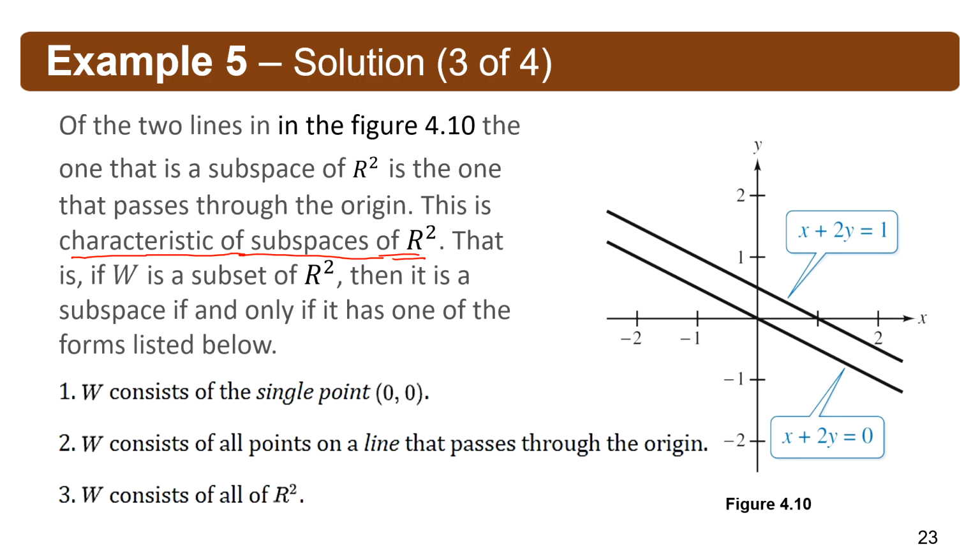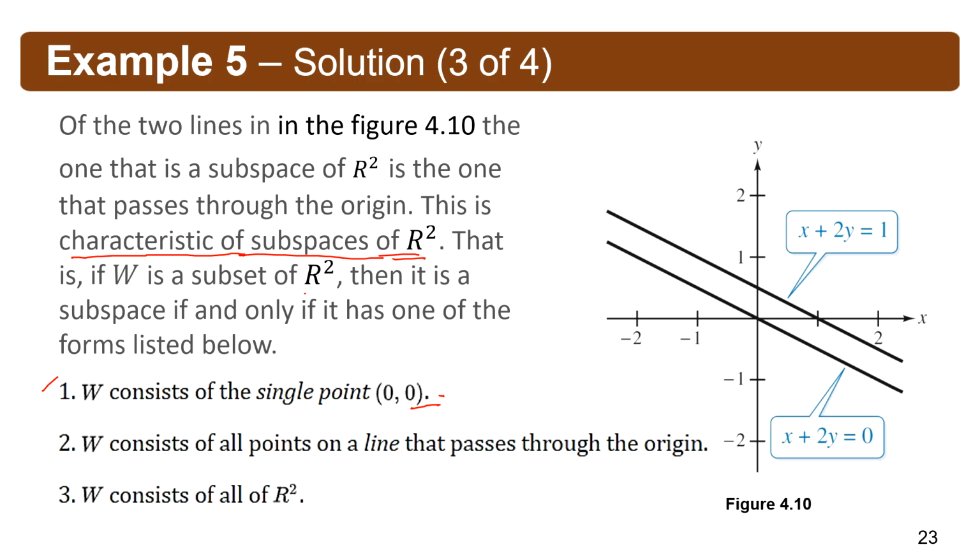Objective type. If W is a subset of R squared, then it is a subspace if and only if it has one of the forms listed below. We consider this as just a summary of how we say that it is a subspace. It consists of a single point, it can have a single point.